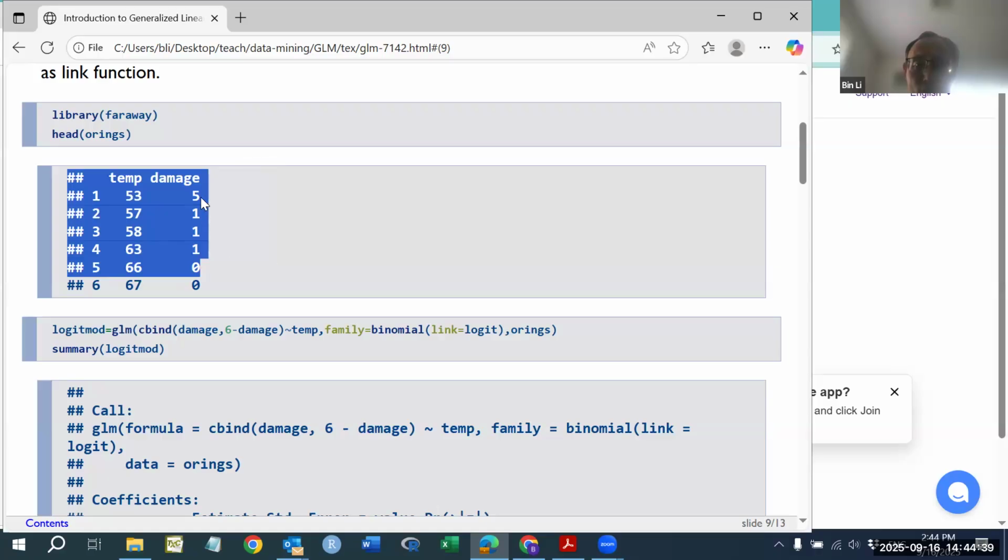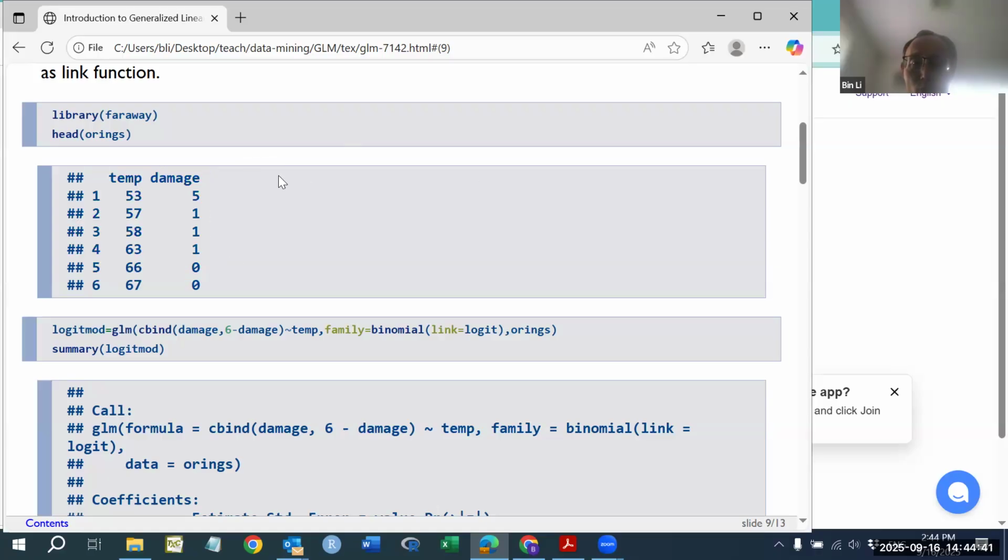So the number of damages follows a binomial distribution, and the range is what? From 0 to 6, right? That's the number of O-rings that were damaged, and there are 6 rings.